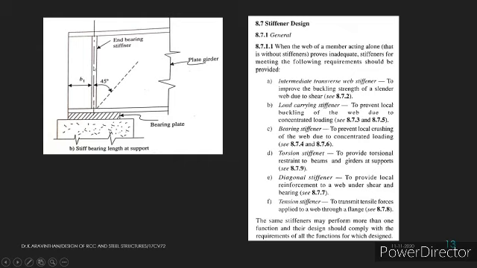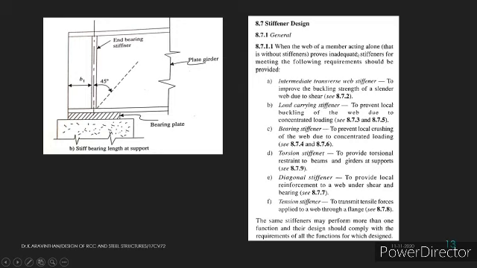So is it essential to provide this end bearing stiffener? The code gives a suggestion: when the web of the member without stiffener proves inadequate. So let us check for that. If it is inadequate, you have to provide the following stiffeners.